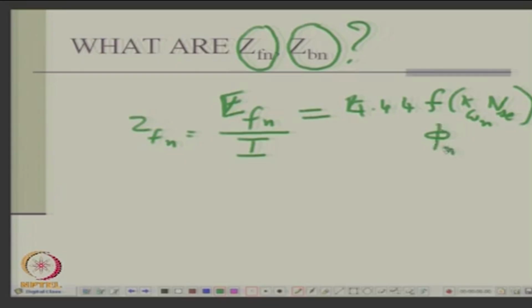What is phi n? It is the flux per pole due to the nth harmonic. This is what we have defined. This is EFN, of course, divided by the IS.